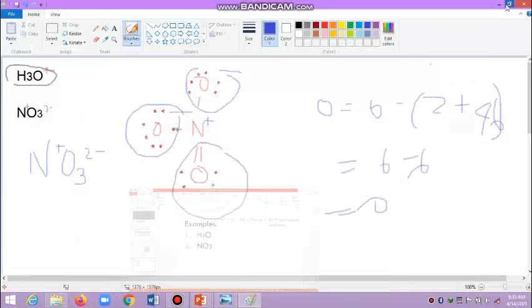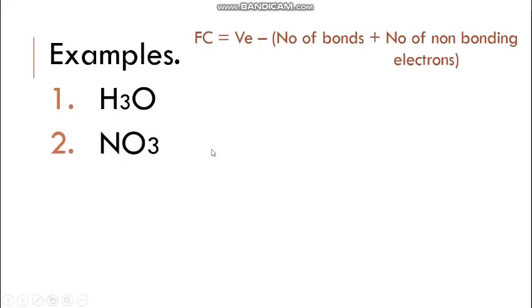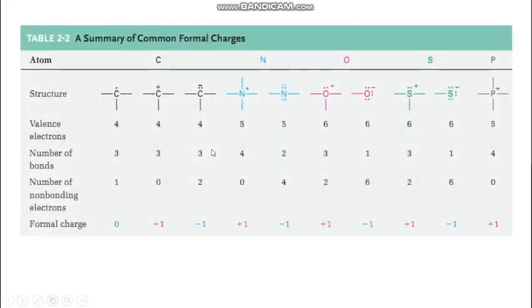Okay. Now, let's move on. This is a table of the summary of common formal charges of some atoms. So, we have here the carbon, nitrogen, oxygen, sulfur, and phosphorus. Ayan.